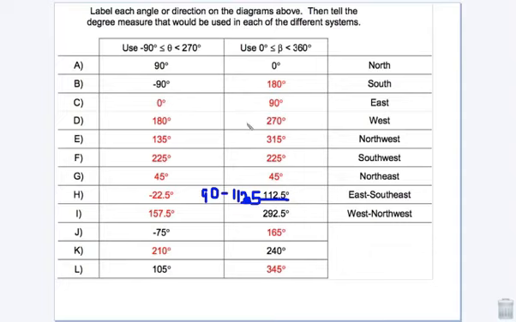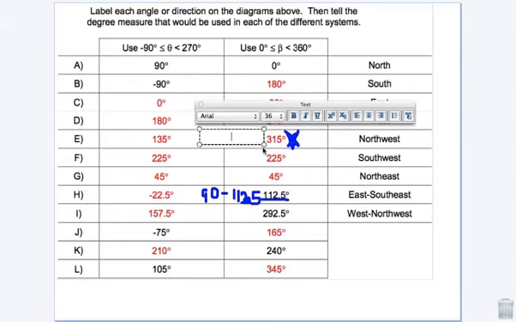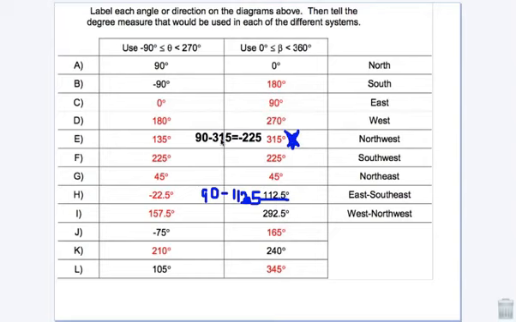Let's see. Trying to find one. Here we go. Let's say we know the bearings are 315 degrees. How did we get 135 degrees? Because if you do, let me do it this way. If you do 90 minus 315, okay, you don't get 135 degrees. 90 minus 315 degrees gives us a negative 225, but how did we get the 135?